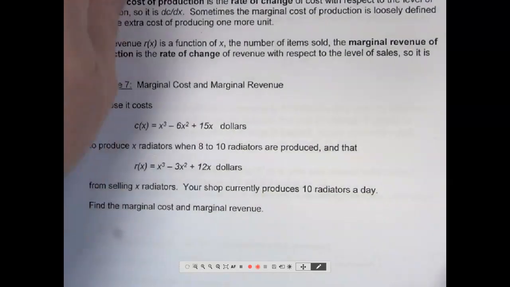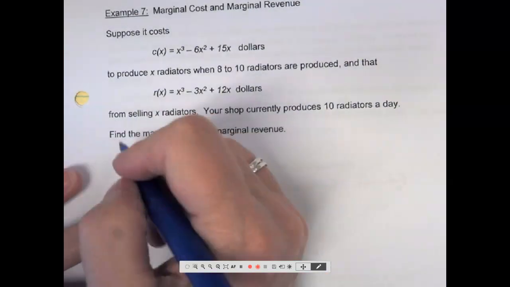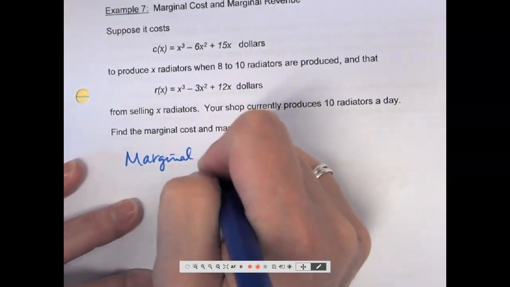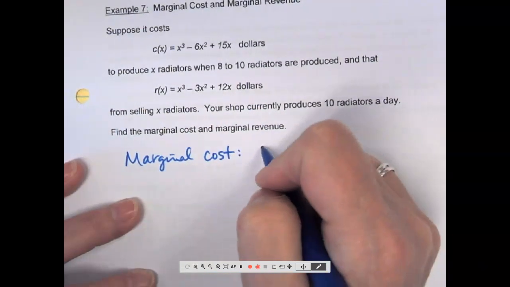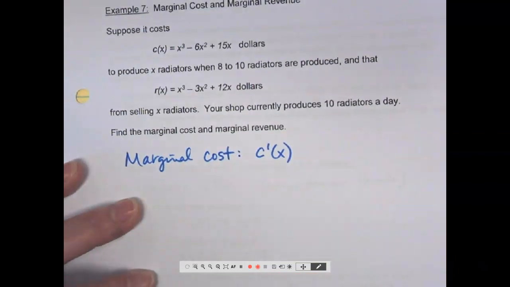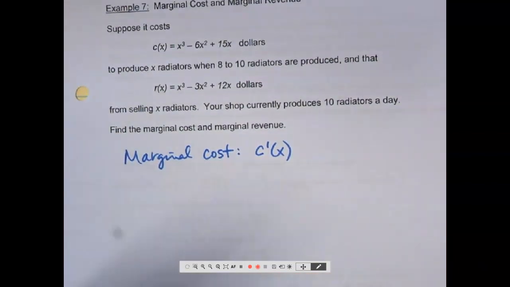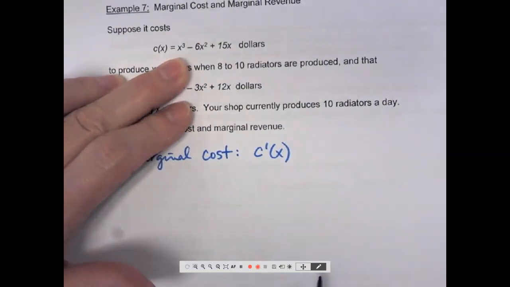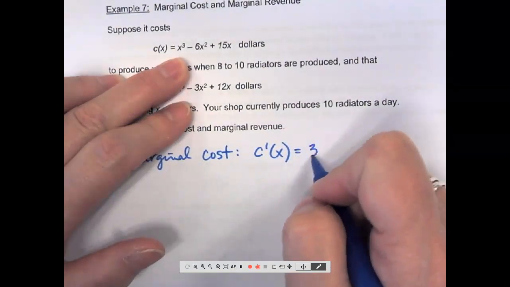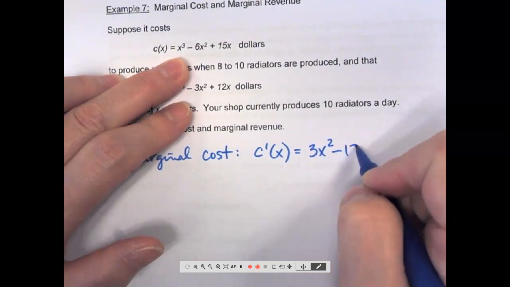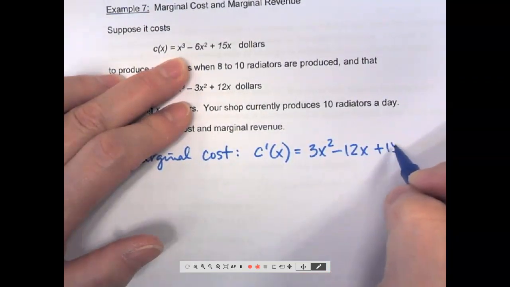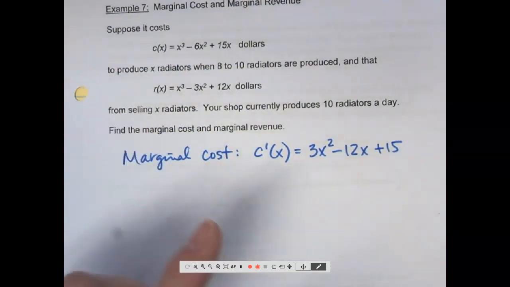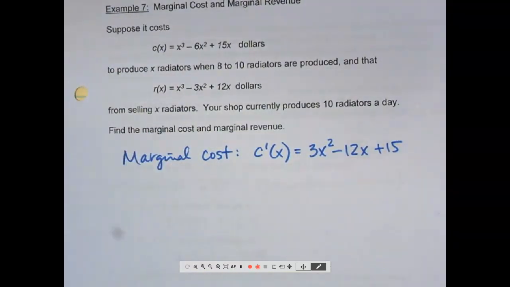If you see marginal cost, marginal revenue, you think derivative. Okay? So for marginal cost, we are going to find C prime of x. So the rate that the cost is changing. Okay, so I'm going to go up to this derivative for cost: 3x squared minus 12x plus 15. That is the rate that cost is changing. In this situation, it would be dollars per radiator.